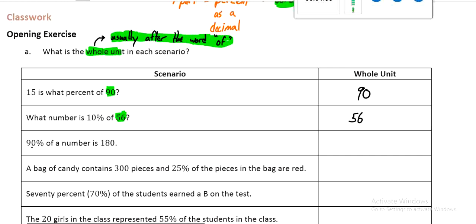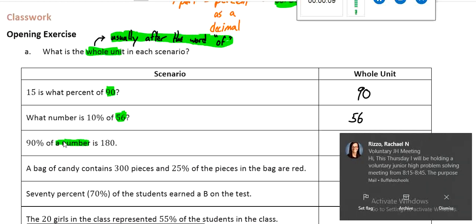This one, 90% of a number is 180. Here's the word of. I know that 180 is technically after it, but it's not directly after the word of. It's more further away from it. The word directly after the word of is this a number.